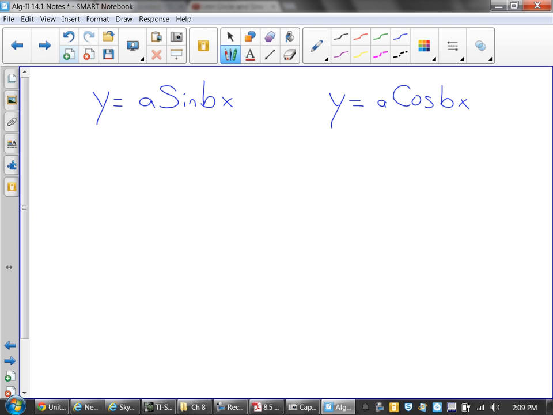Those A's and B's mean the same thing for both of them. This value of A, your amplitude, is denoted by the absolute value of A.